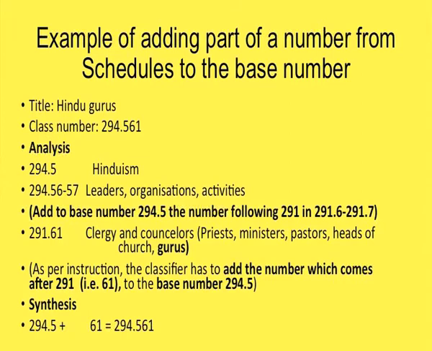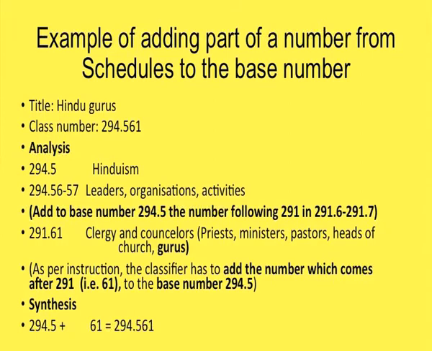So, as per instruction, the classifier has to add the number which comes after 291, that is 61. So, 291.61 is gurus. We have to drop 291 and add only 61 to the base number. 294.5 is the base number.